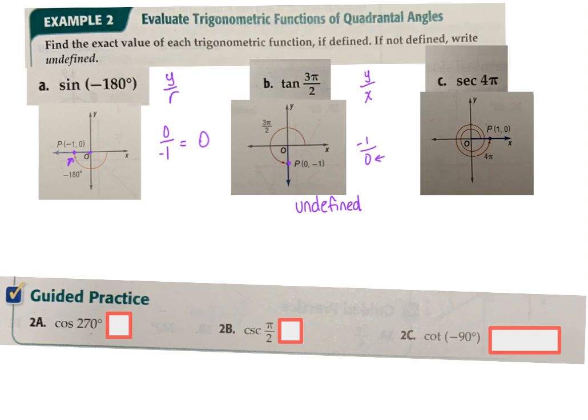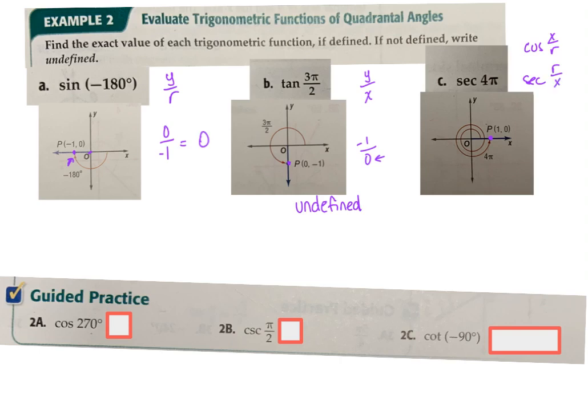All right, let's look at secant of 4 pi. Any even pi, 2 pi, 4 pi, 6 pi is always going to fall right here because that's a full circle. All right, secant is the reciprocal of my cosine. My cosine is x over r, so my secant is r over x.